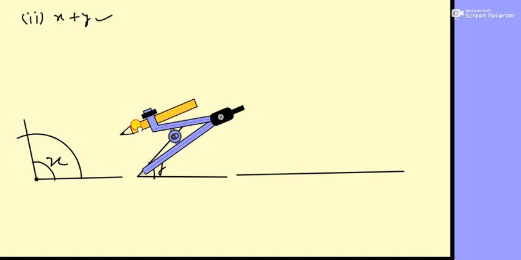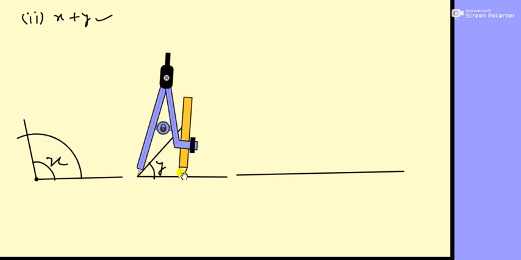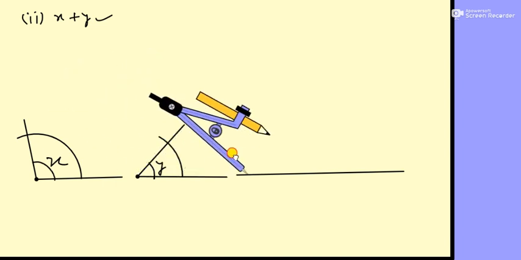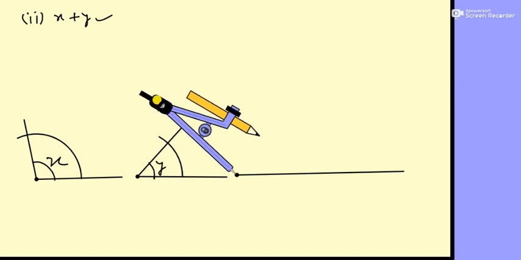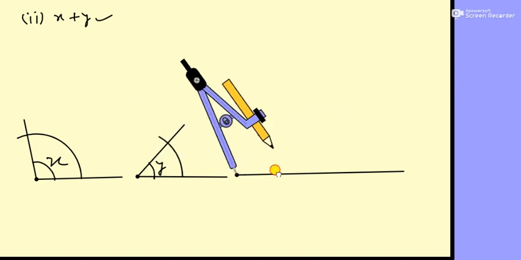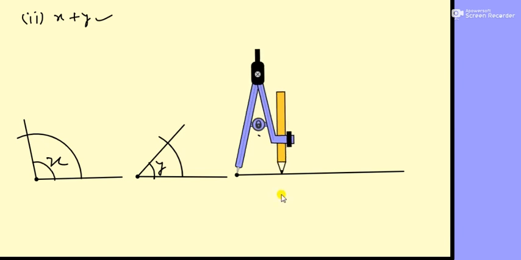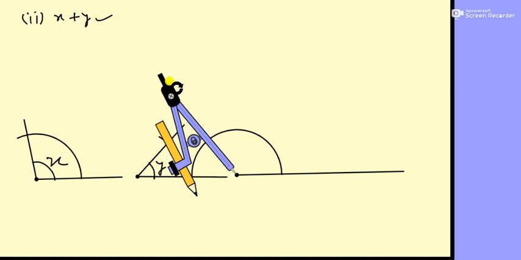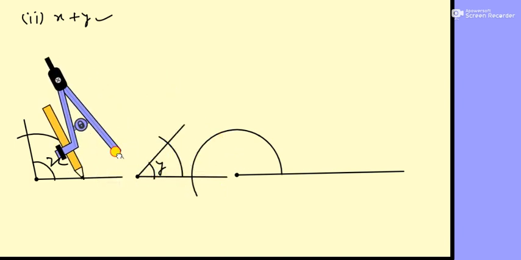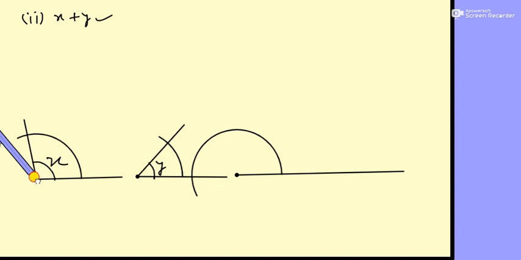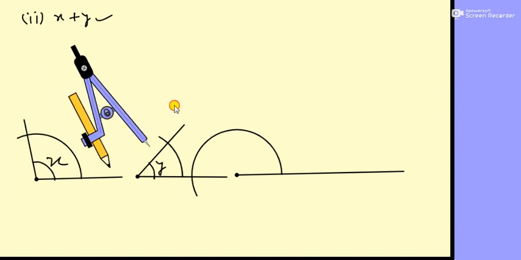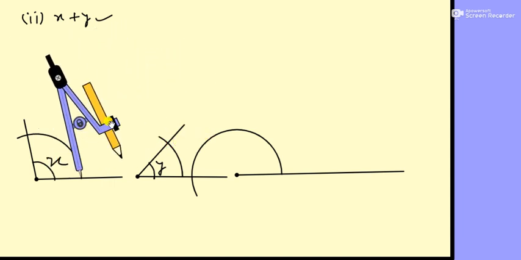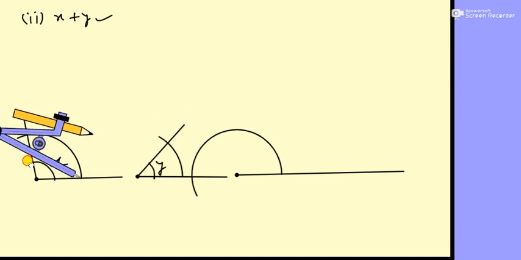So in this type you can draw the arc, and from the beginning you have to write like this. Yes, now come once again to this point, and measure this length.